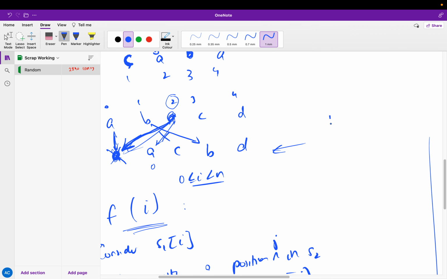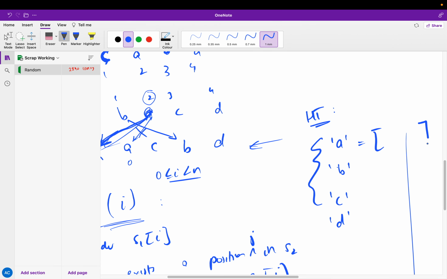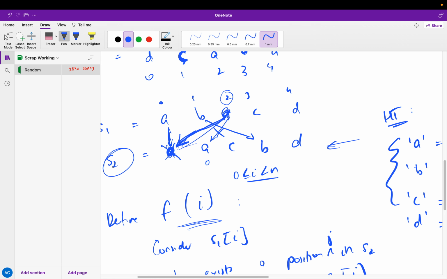let's say we make a hash table, big shock, and the keys are letters, A, B, C, D, and the values are little lists, right? Two lists of size 2, which maintain a count, which is how many odd and how many even. And we're iterating through S2.